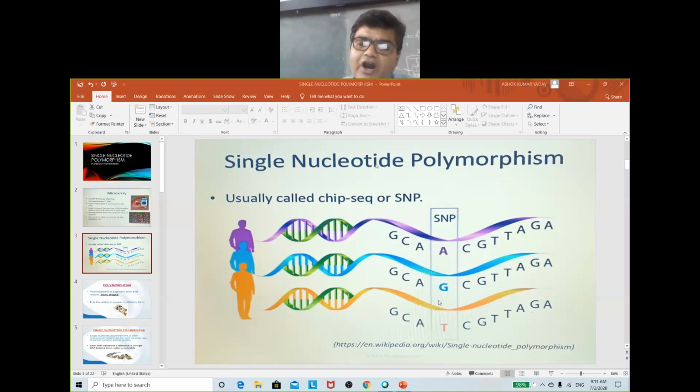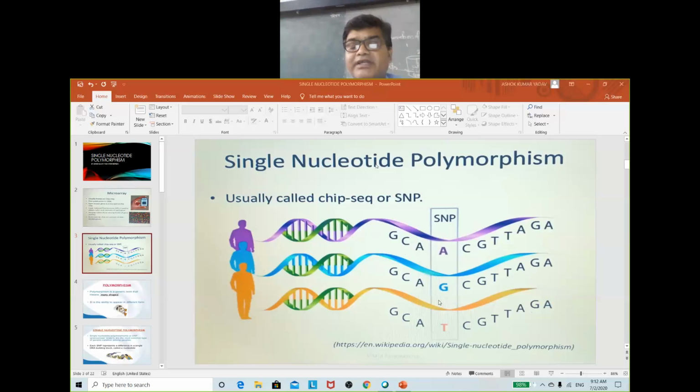It can vary up to 0.2% difference, due to which individuals differ from each other at the genetic level. Means they differ in appearance, they differ in look due to the difference of 0.1 to 0.2% of the genome. Okay, so this is the major application, to find out the variation using SNP. So SNP is due to one nucleotide difference.